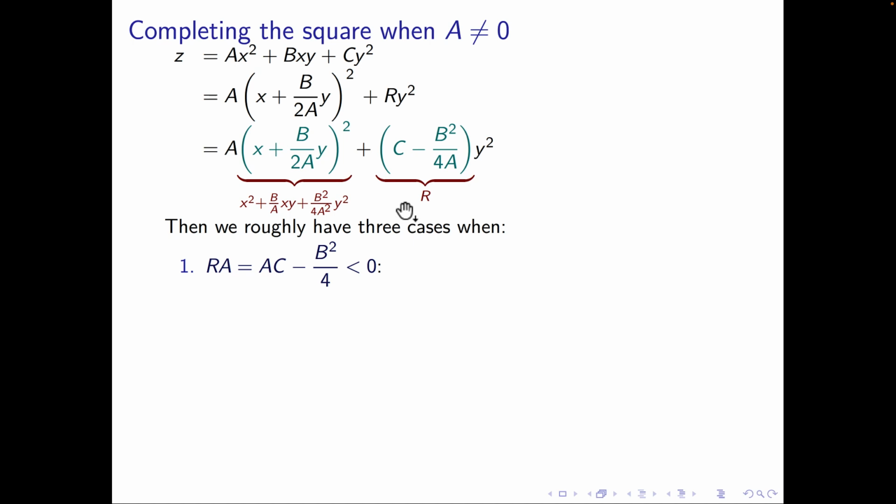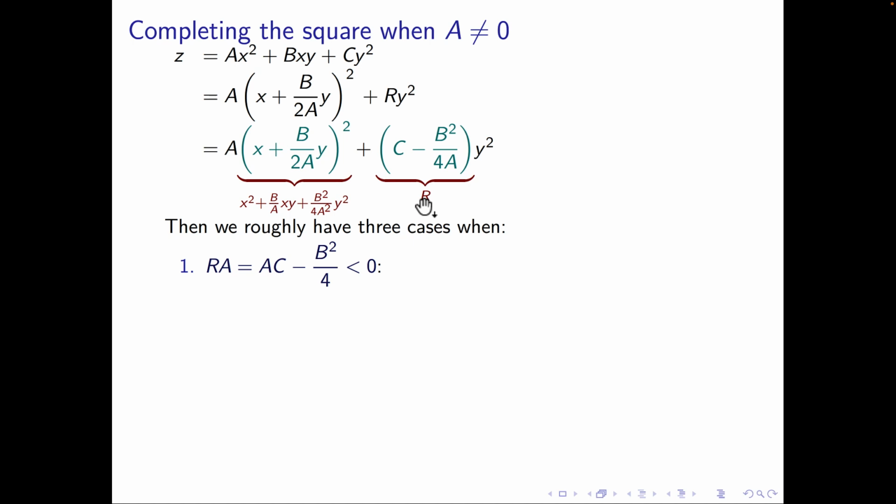So what we have is this new variable for that axis and y squared, and they have the coefficient A and this r coefficient, which is some terms. If the two coefficients are the same sign, I will get an elliptic paraboloid.